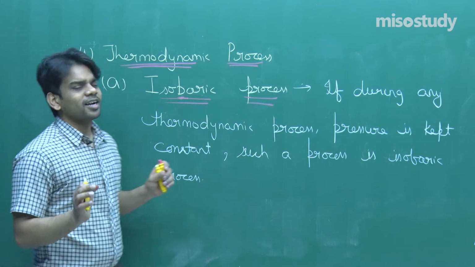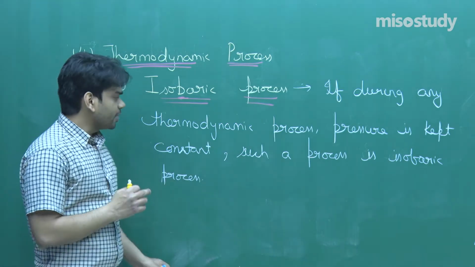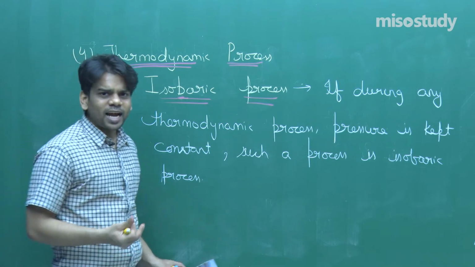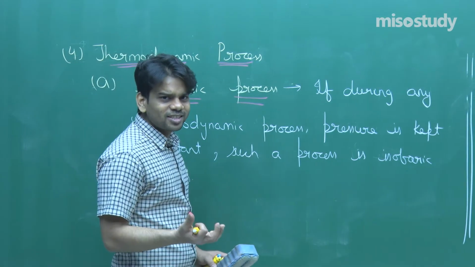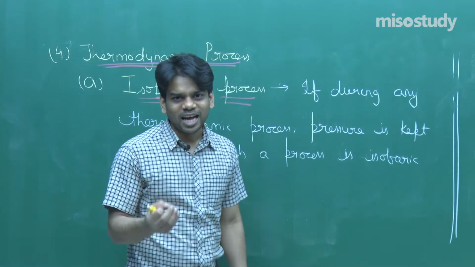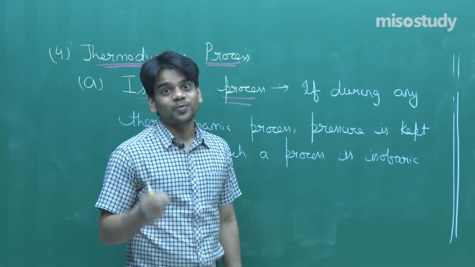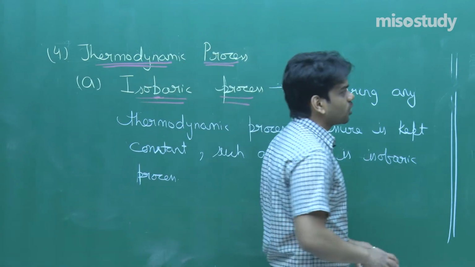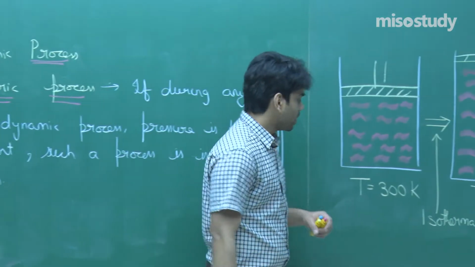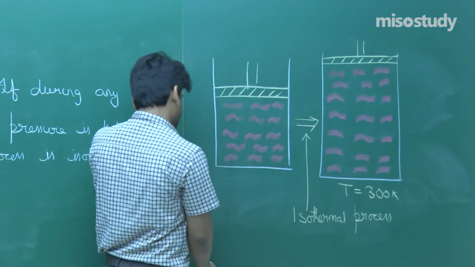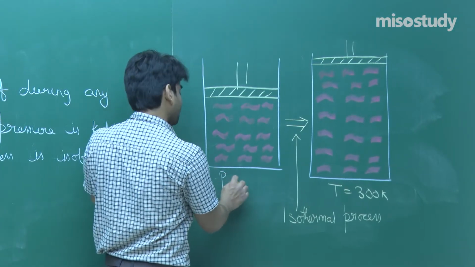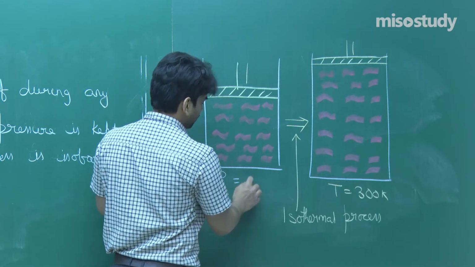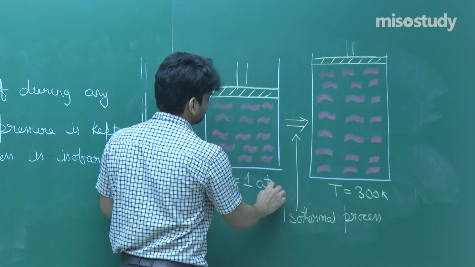Now again we can understand here also the same thing, that pressure you have to keep constant, temperature and volume can be varied. We know from Charles' law, where I told you pressure is kept constant, that if temperature is increased then volume is also going to increase because volume is directly proportional to temperature. Here let's say pressure is kept constant at 1 atmosphere.